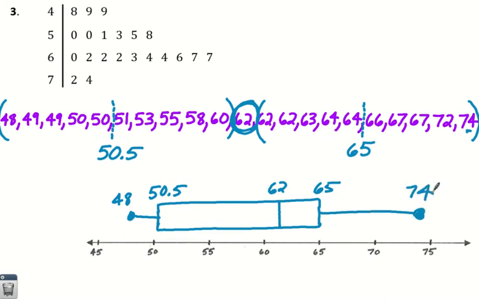Okay? Now before we go to the back, I want you to notice something. You see how this line is anything but in the middle of this whole box? So this median of 62, the line we end up drawing, is definitely not exactly in the middle of that box. You know what I mean? Why is that?